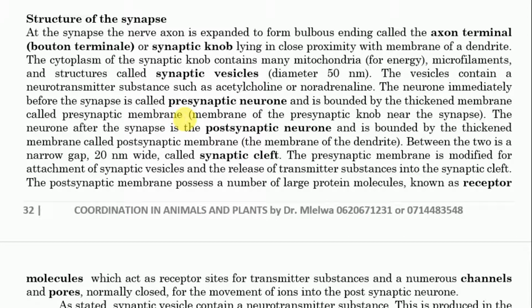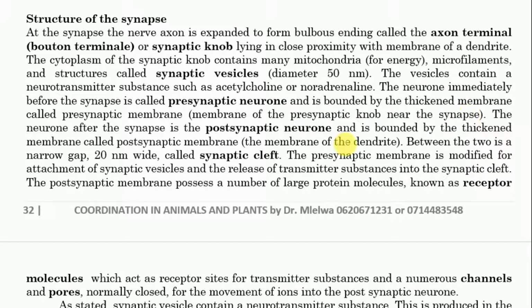The presynaptic membrane is at the back, on the neuron before the synapse, and it is the membrane of the presynaptic knob near the synapse.